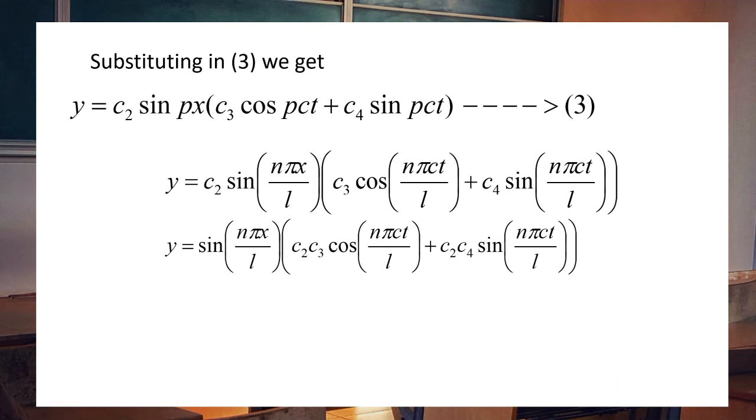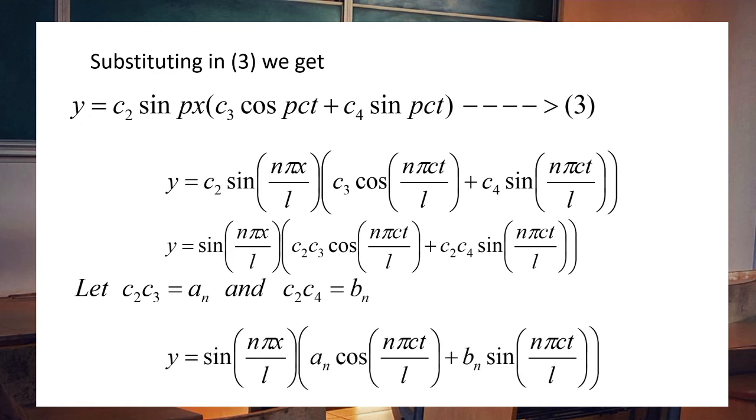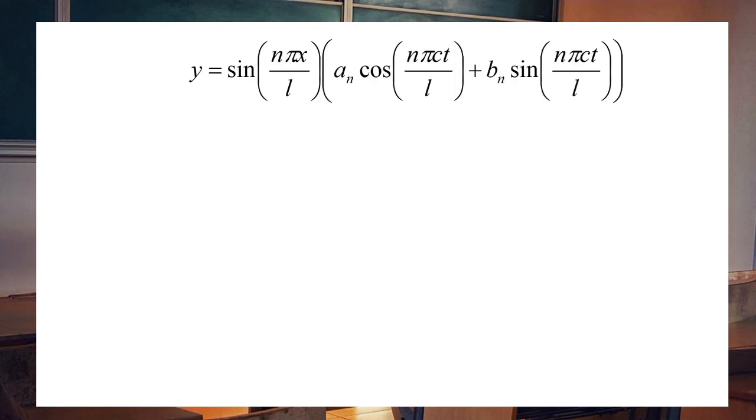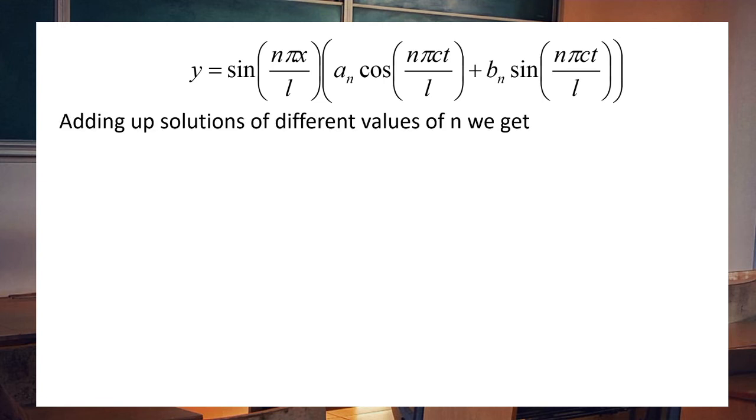Taking c2 to the inside and replacing c2 c3 by an and c2 c4 by bn, we get y equal to sin n pi x by L [an cos n pi ct by L plus bn sin n pi ct by L]. This solution is valid for n equal to 1, 2, 3, etc.